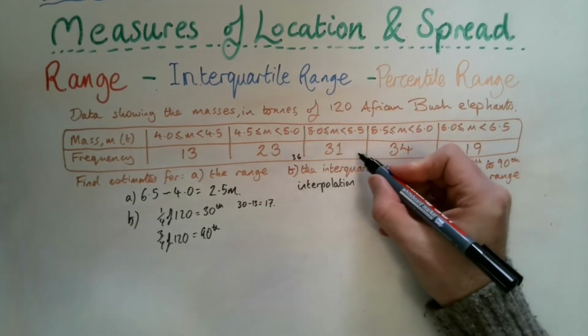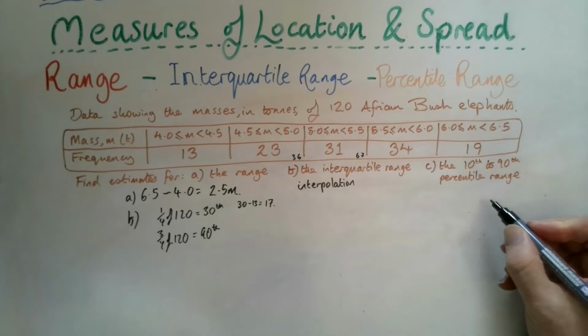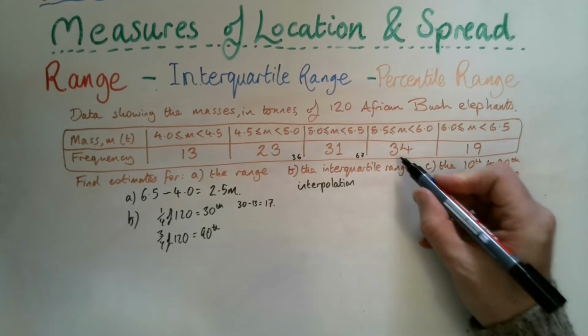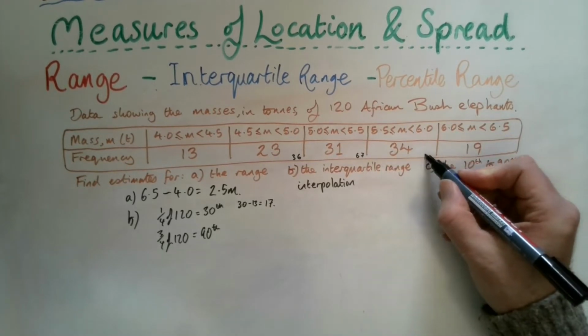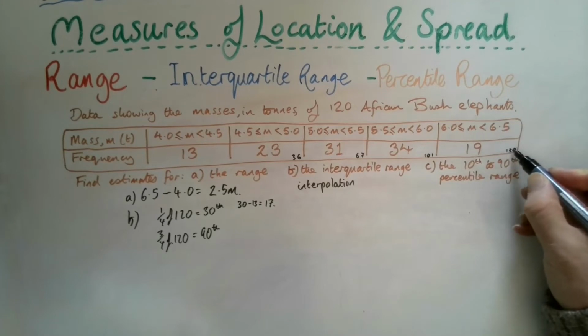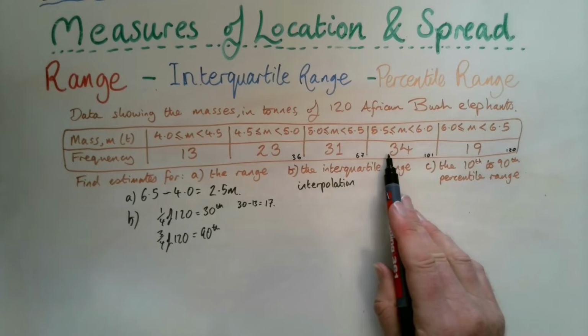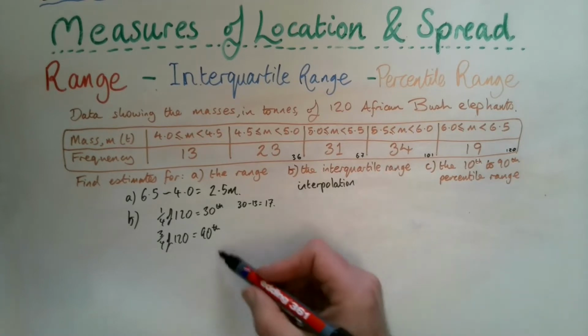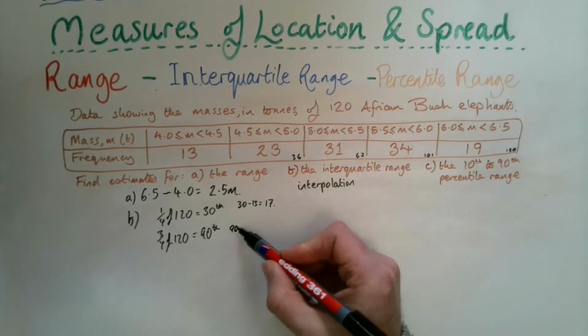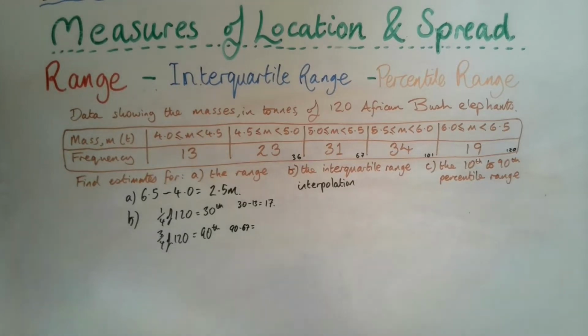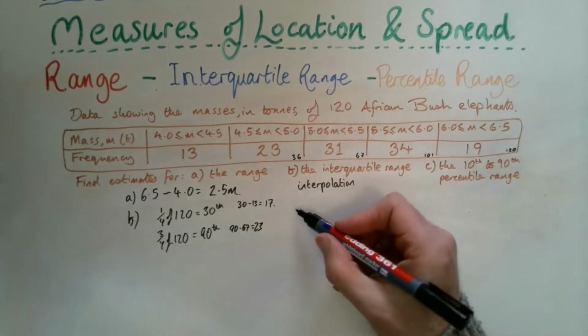Add on another 31 gets me to 67. Add on another 34 to that would get me to 101, and then we do indeed have 120 at that point. So the 90th is somewhere in this zone here. So 90 take 67 would be 23. So we want the 23rd thing there.